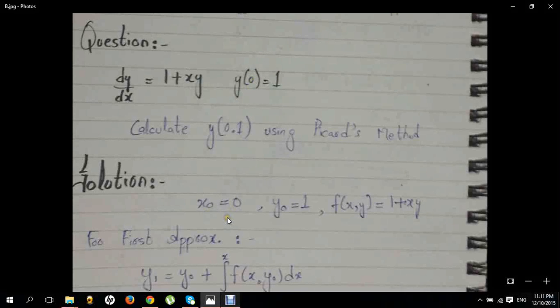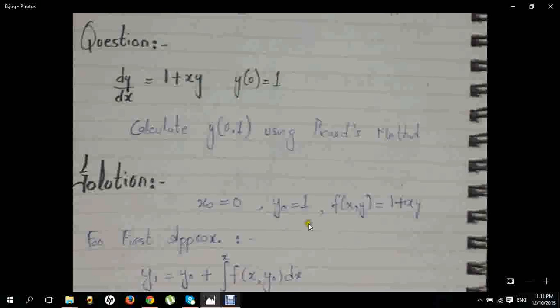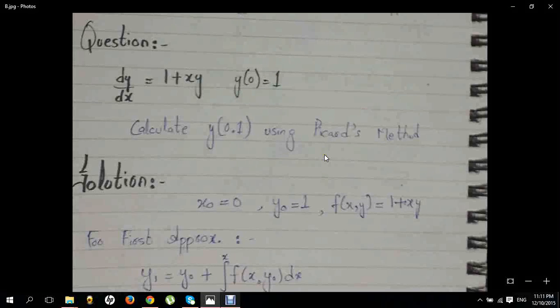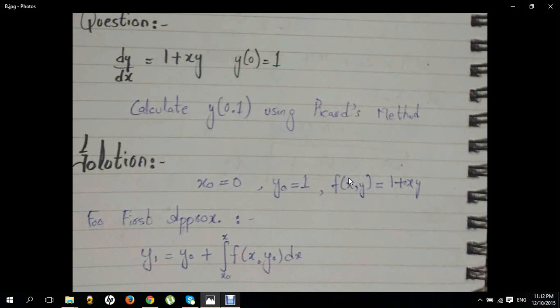So our x0 is equal to 0 and our y0 is the element on the right hand side of the given equation, which is 1. And we will make this differential equation a function of x and y. Then we will do the first approximation, and its formula is given here.